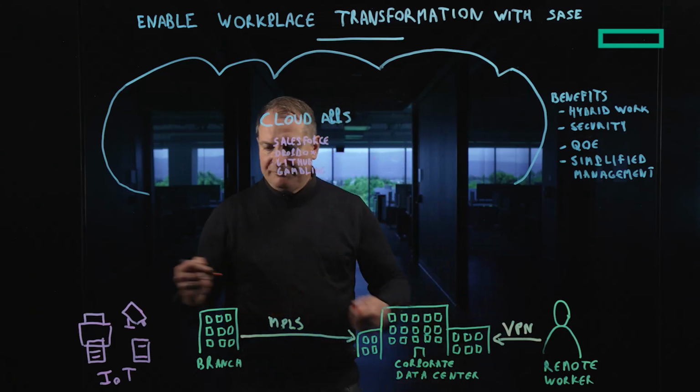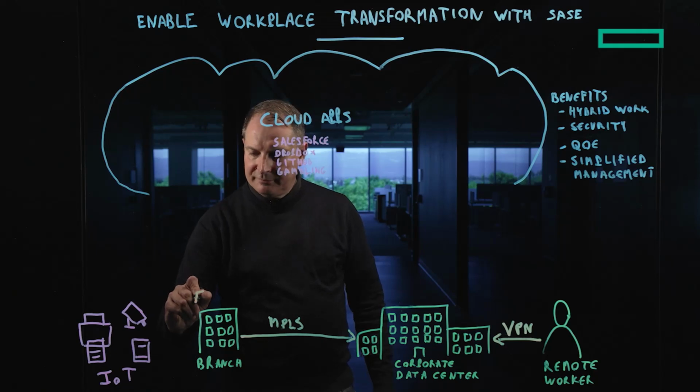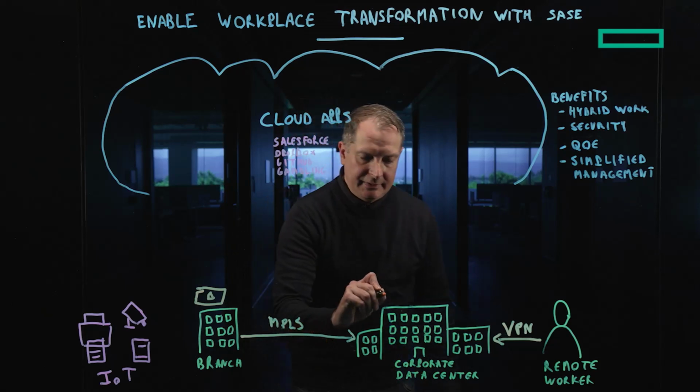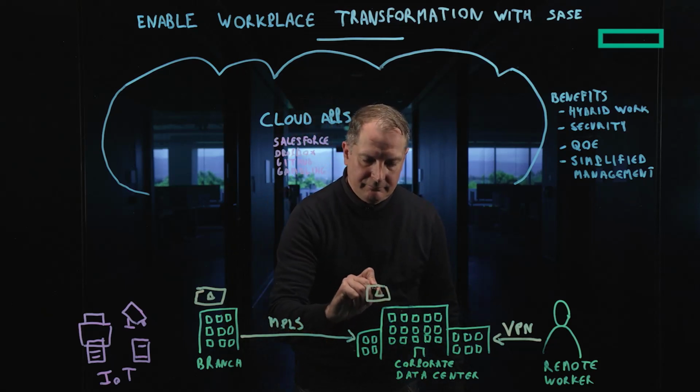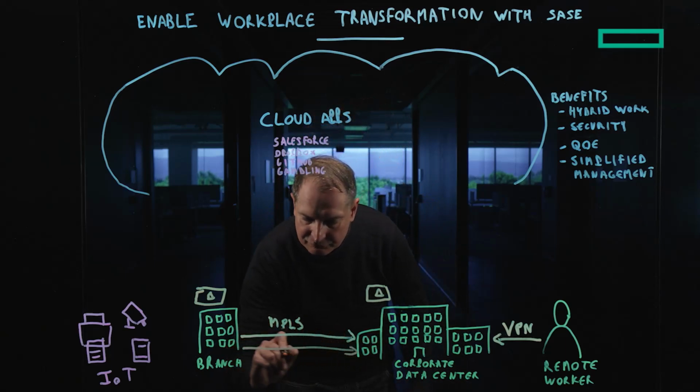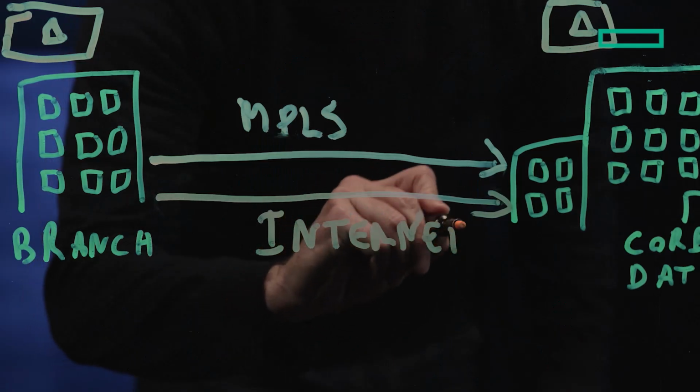So the first step would be to implement an SD-WAN solution in the branch and in the data center so that you can combine MPLS with internet and optimize the traffic.